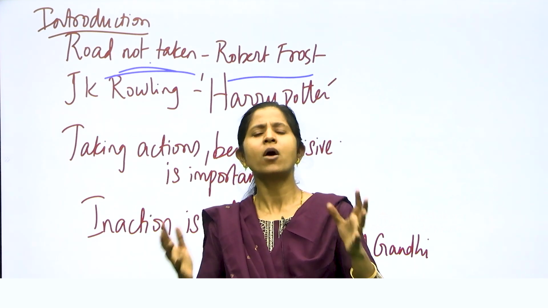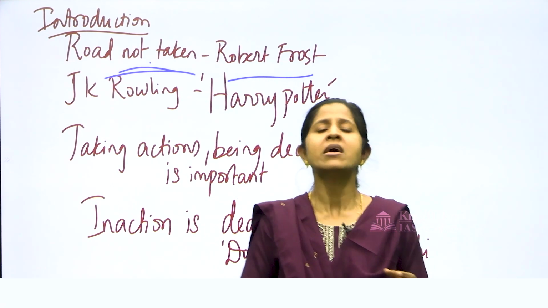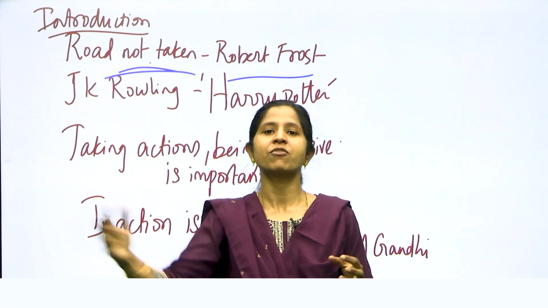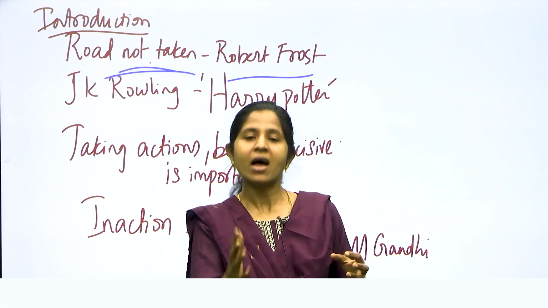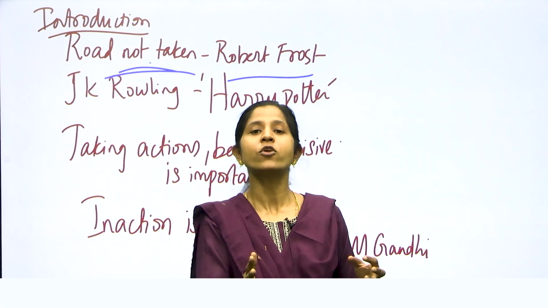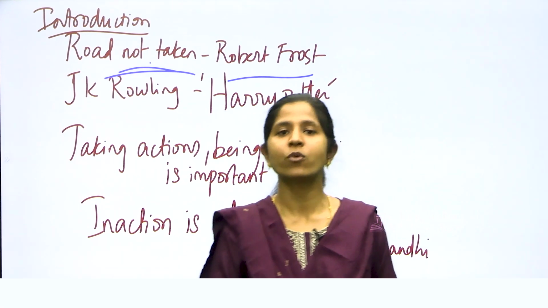We have seen many dropouts. You can give lots of examples of these dropouts who have succeeded in life. So they took the chance. This chance can be wrong also, but they wanted to do it and they succeeded also. So like this, there are a lot of examples that you can give.